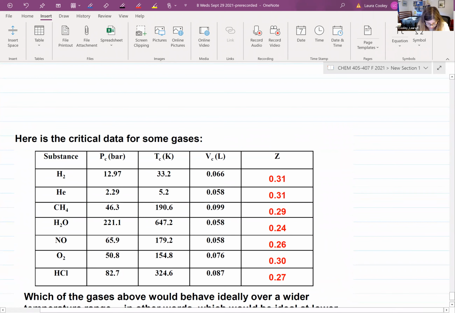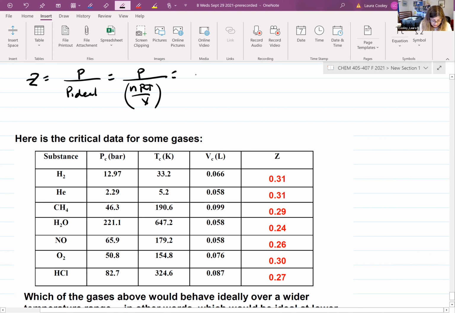We know that Z is P over P ideal. So it's P over nRT over V. That's P ideal. So it's PV over nRT, or PV over RT for 1 mole.